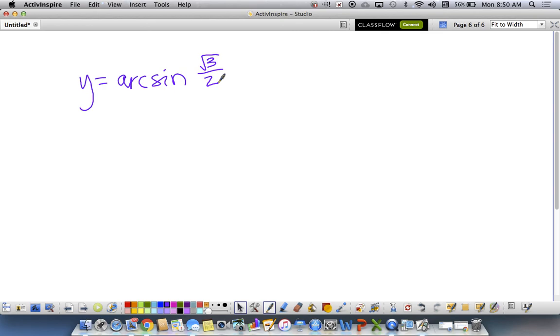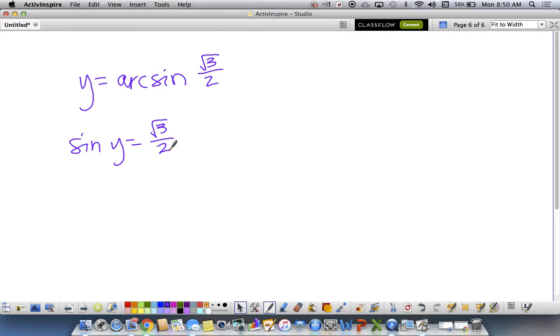Could I rewrite this some way? How? Sine y equals square root of 3 over 2. This is saying what angle has a sine that gives me the square root of 3 over 2.